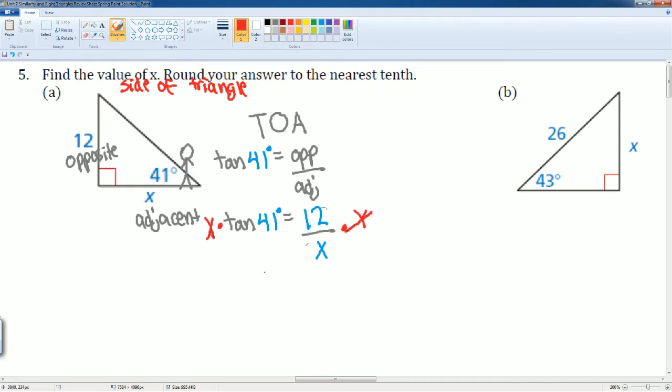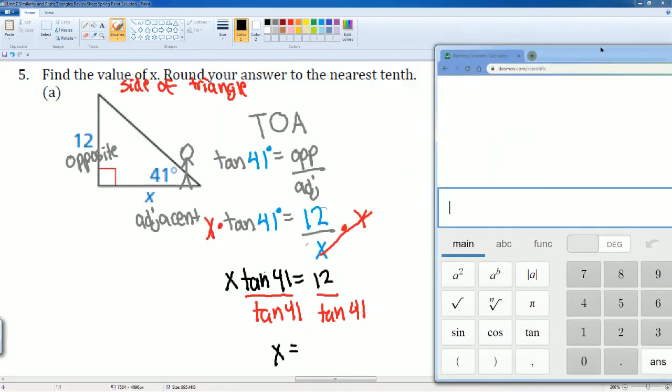So this cancels. This gets me x tan 41 is equal to 12. Now I'm going to divide by the tan 41 to both sides. That gets me x alone. So x is going to be equal to 12 divided by tan 41.